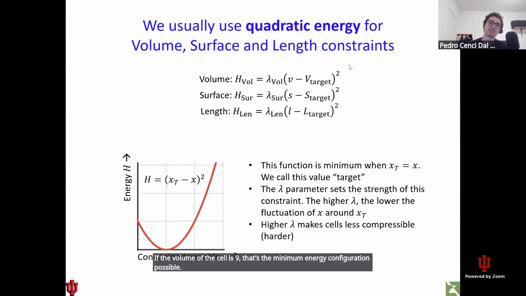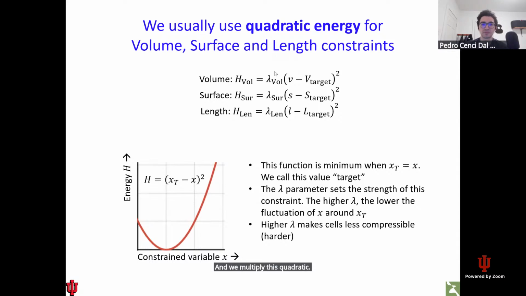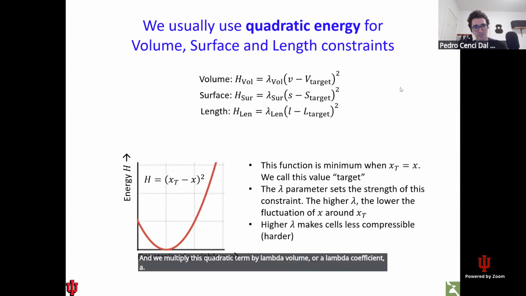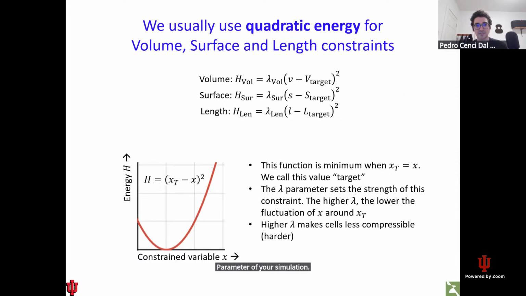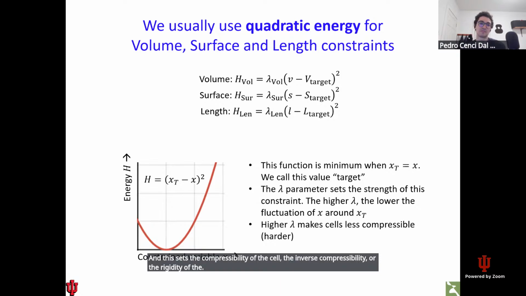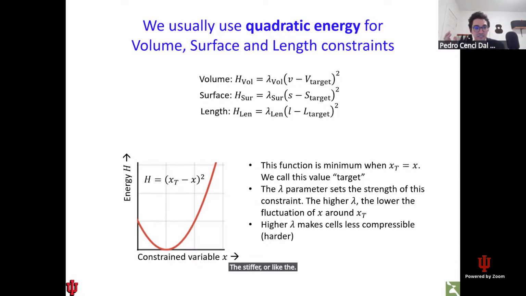And we multiply this quadratic term by lambda volume, or a lambda coefficient, a parameter of your simulation. And this sets the compressibility of the cell, the inverse compressibility, or the rigidity of the cell.